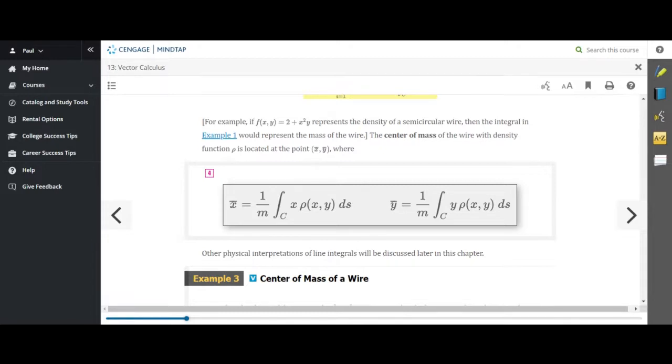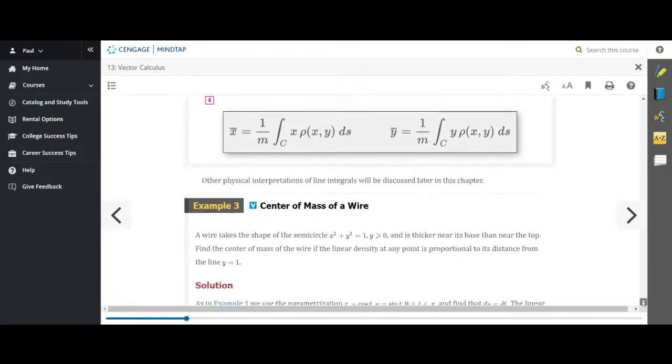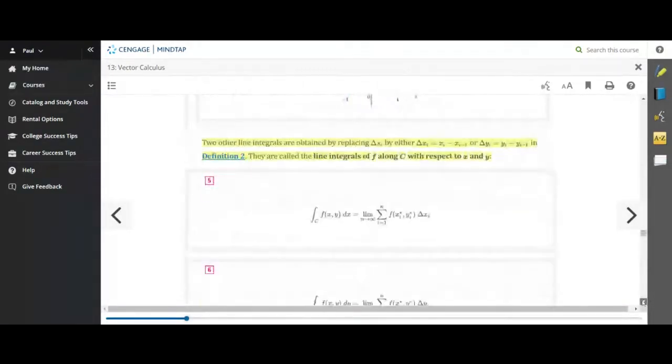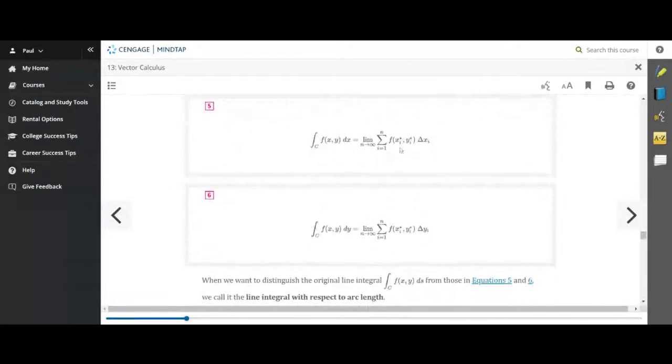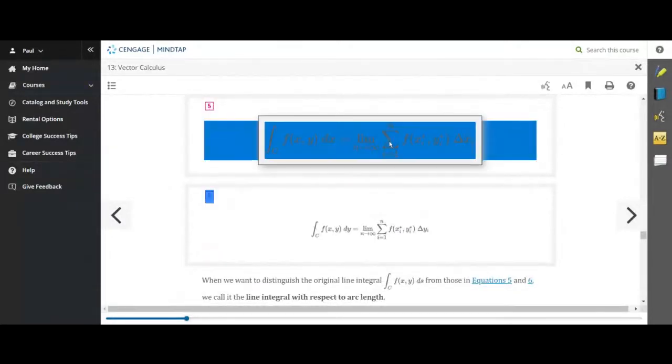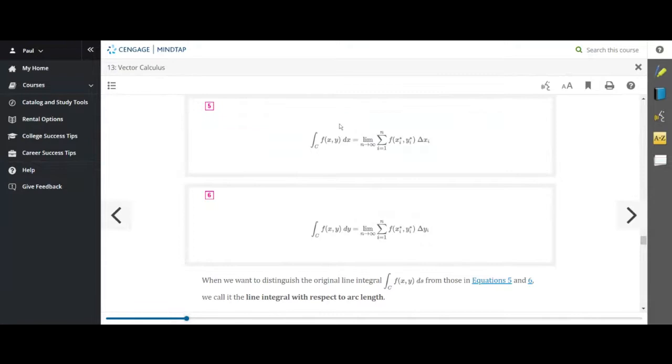Now, our integral is with respect to t. Let me go down here and show you a few more line integrals.